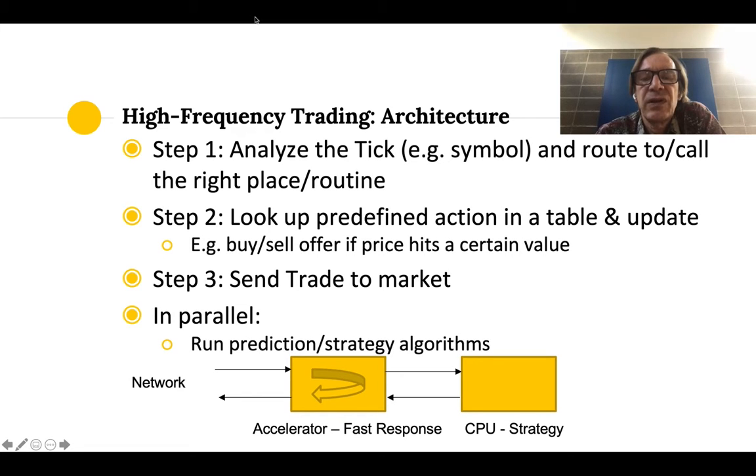Then a predefined action is looked up in a table, for example, a buy or sell offer if the price hits a certain value. And step 3 is to send the trade to the exchange market. In parallel, another entity, and this is often a CPU, might run prediction or strategy algorithms.